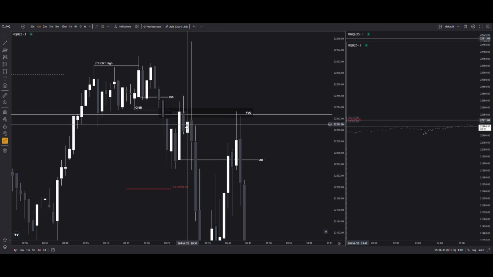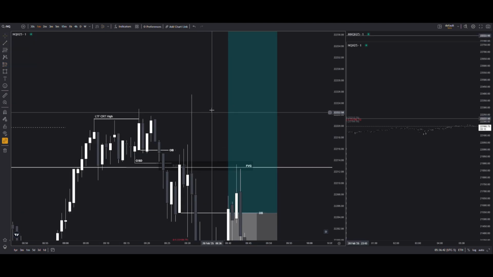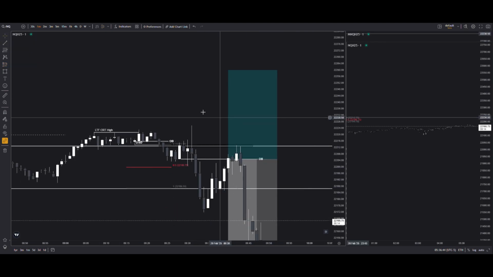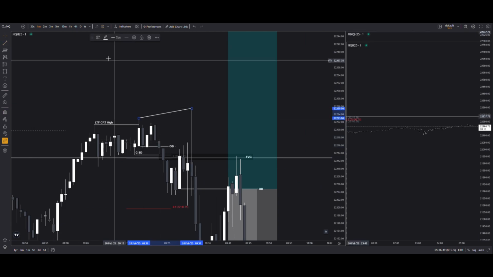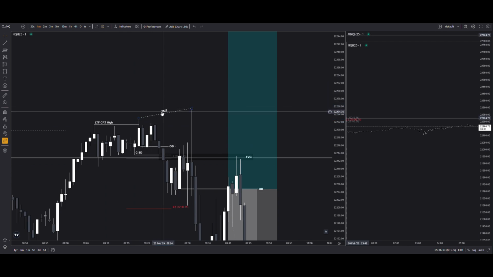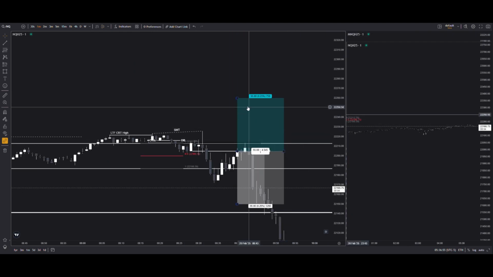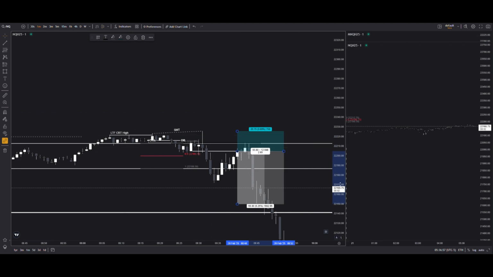And yeah, so if you wanted to take an entry off the order block, entry here, mind you, we also had SMT at this high. Stop loss at the high.